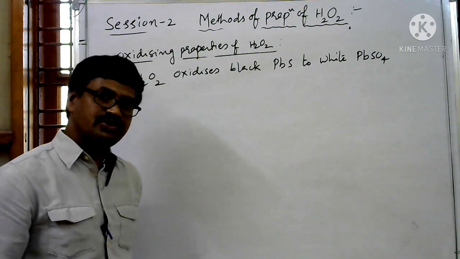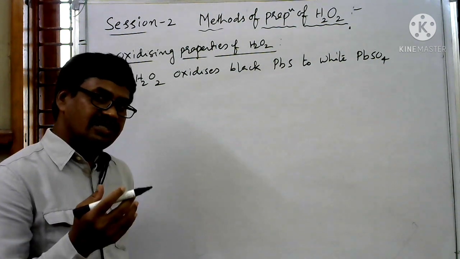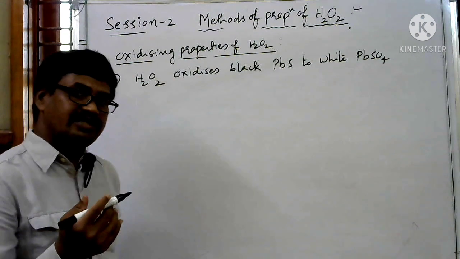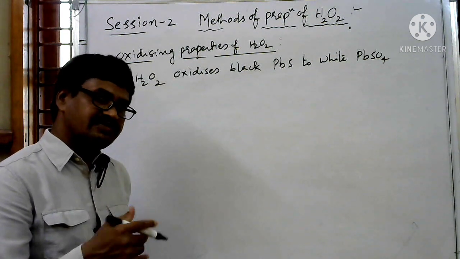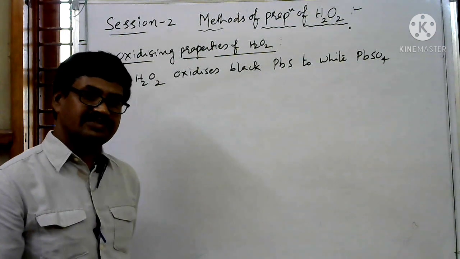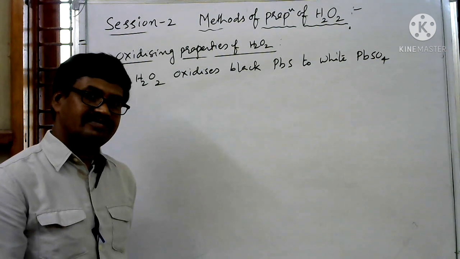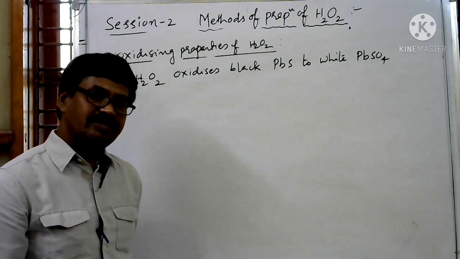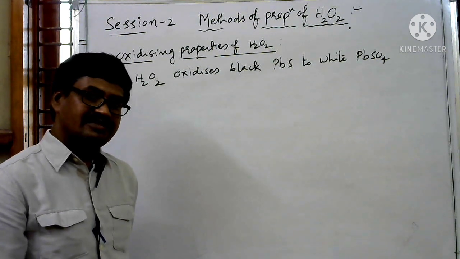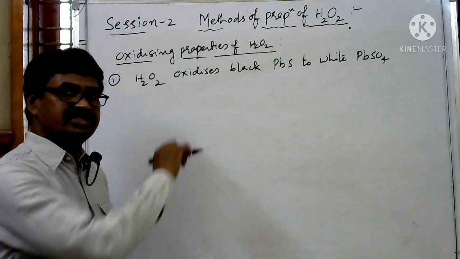Particularly, this reaction is used for lead paintings which are exposed to air containing a sulfide atmosphere. Then the white lead paint may turn black. To restore its original color, we take this oxidation reaction.